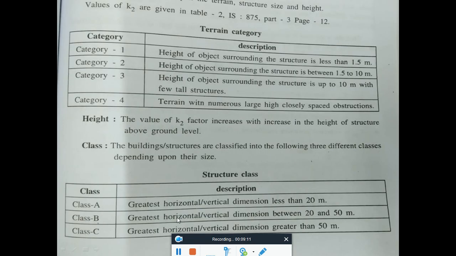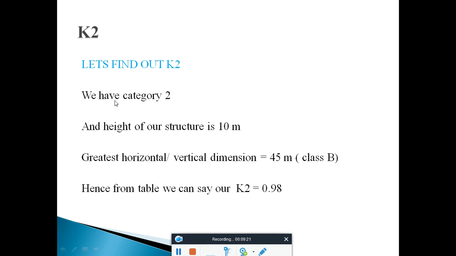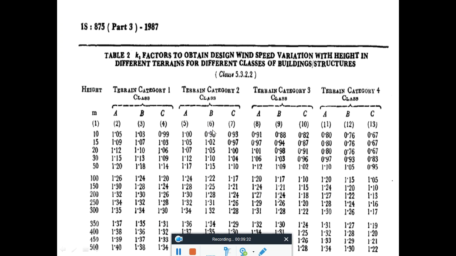Here you can check greatest horizontal or vertical dimension between 20 and 50. We have 45 meter, hence our class is B. And we have category 2. So we have finalized category 2 class B. Now we have to find out the value of K2. Okay.